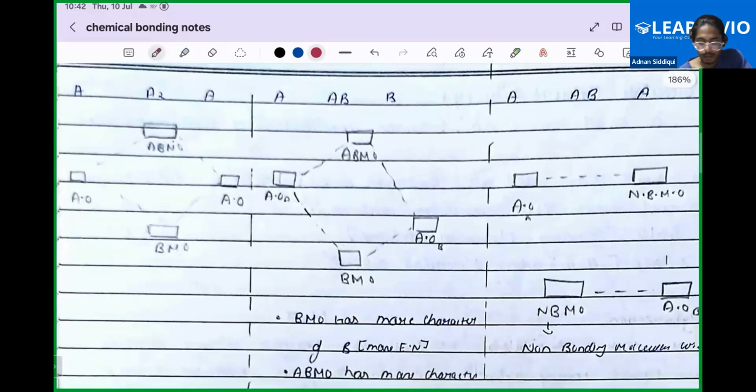So when the atomic orbital of A is merging with the atomic orbital of B, due to the greater electronegativity of B, it will be slightly shifted towards the bonding molecular orbital, right? Ideally, if the elements are the same, the atomic orbitals have the same level. But as the electronegativity of B is slightly higher, it will shift more towards the bonding molecular orbital, and we will have a slightly tilted set of molecular orbitals, right?